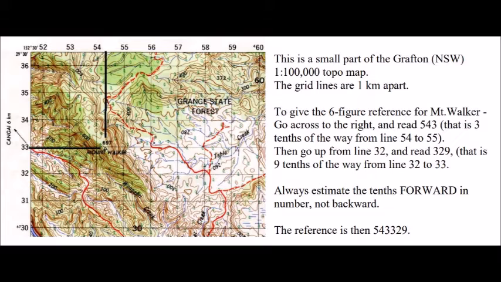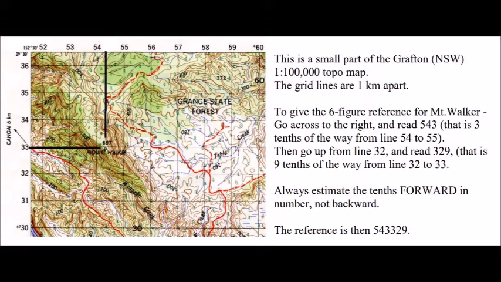So you have to approximate how far it is from the 54 towards the 55. It's about a third of the way, so that's why it's 543. The same sort of thing with the northing. So it's a bit of an approximation: how far is it past, or on the way to, the next square?